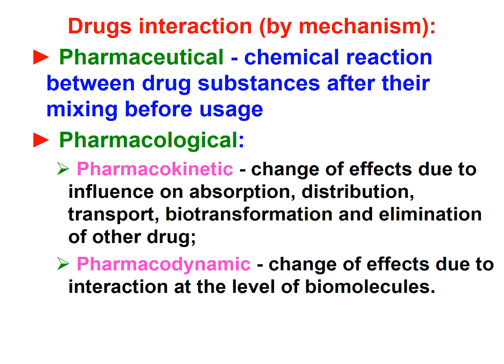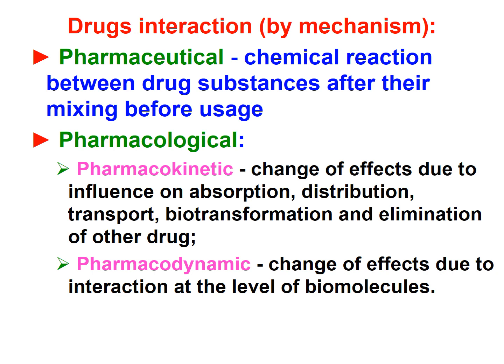Pharmacological interaction can be pharmacokinetic or pharmacodynamic. Pharmacokinetic interaction is the change of the drug effect due to the influence of another drug on the pharmacokinetic process of the first drug, such as absorption, distribution, metabolism, and elimination.